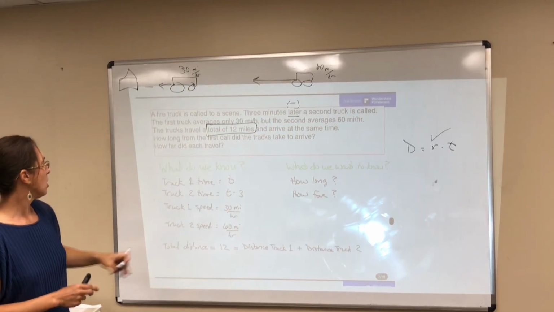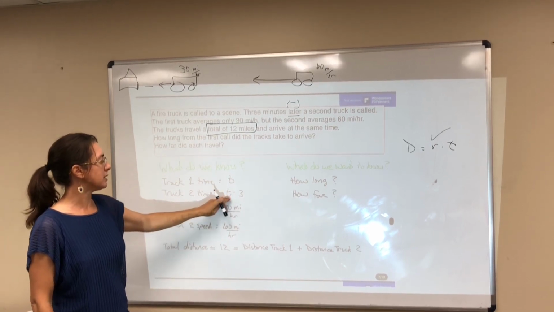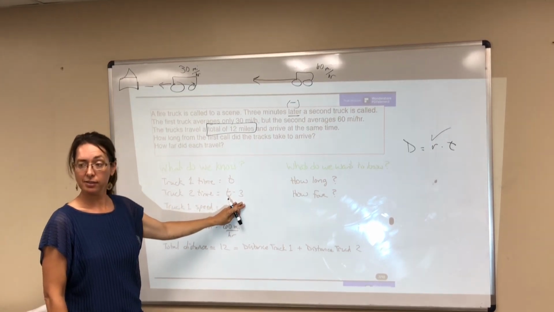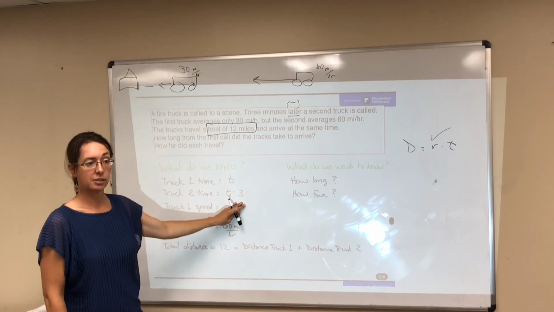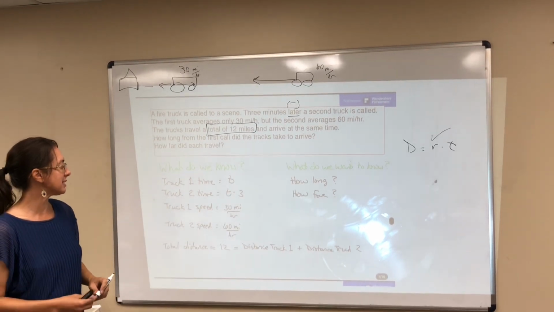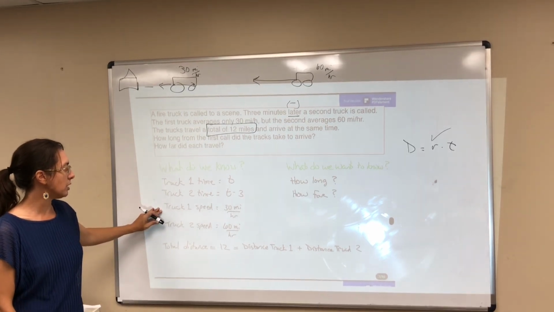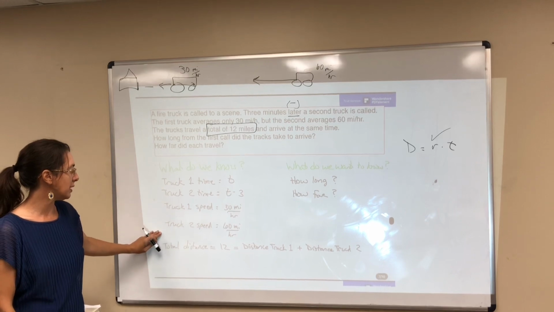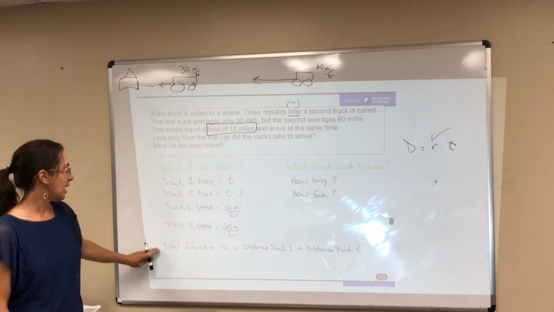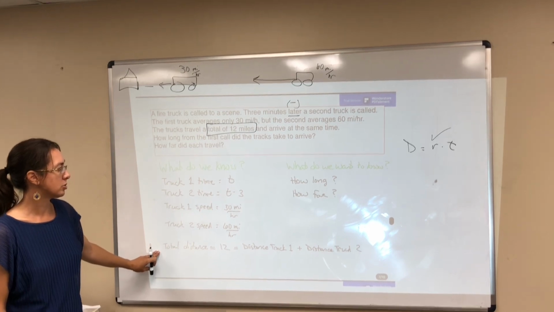Truck 2's time is going to be however long it was minus 3. Correct? Okay, he left 3 minutes later. Truck 1's speed is 30 miles per hour. Truck 2's speed is 60 miles per hour. And the total distance that they travel is 12 miles.